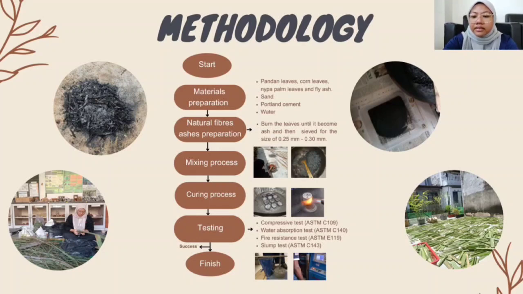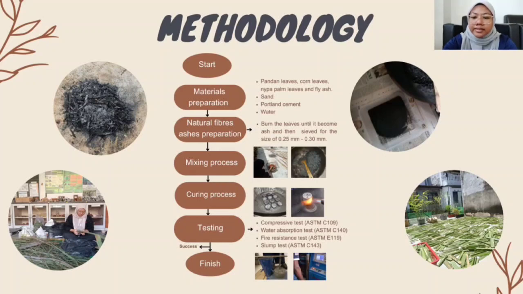After that, mixing process. We mix all the ingredients according to the prescribed gram, which is leaf ash 200 gram, sand 150 gram, Portland cement 75 gram, and the last one is water.